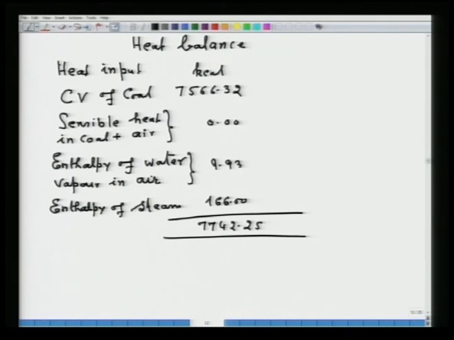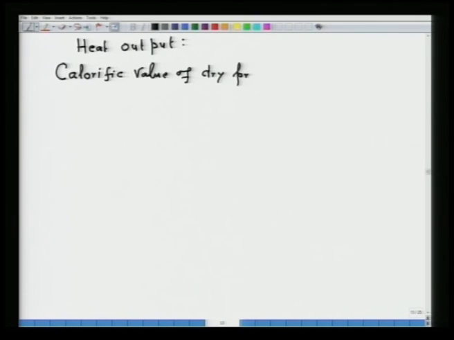Now, let us take a balance of heat output. The heat output comprises, first of all, the calorific value of dry producer gas.